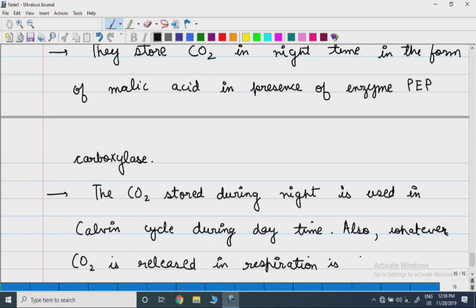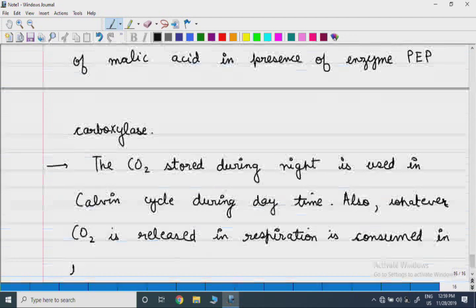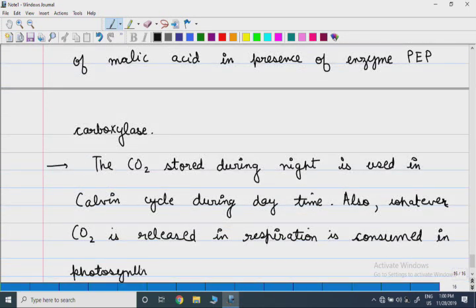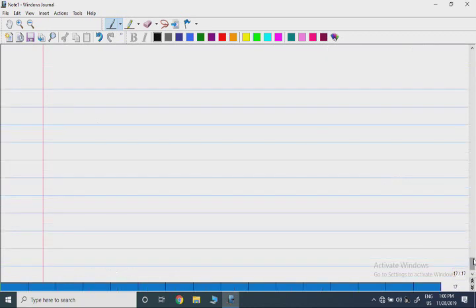This is happening during daytime. It is consumed in photosynthesis.